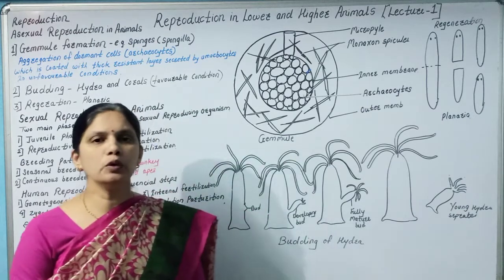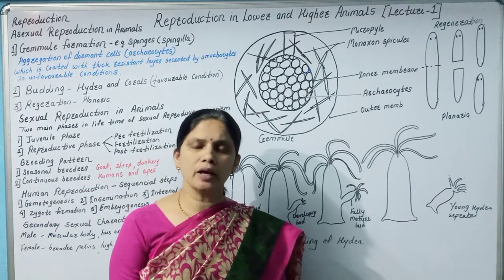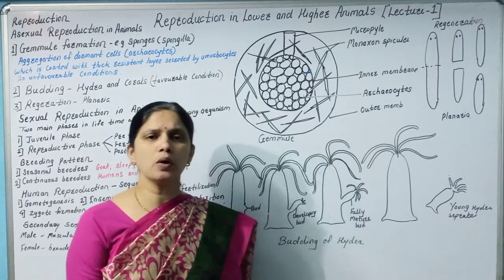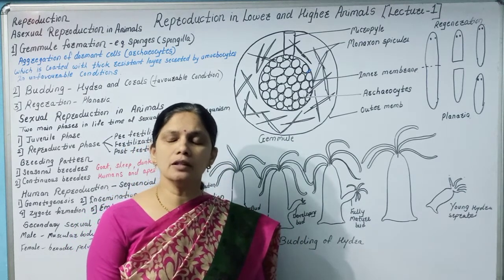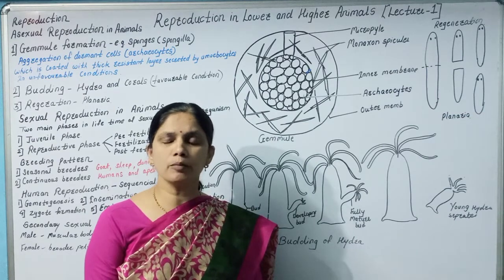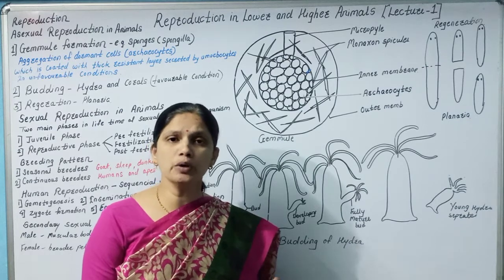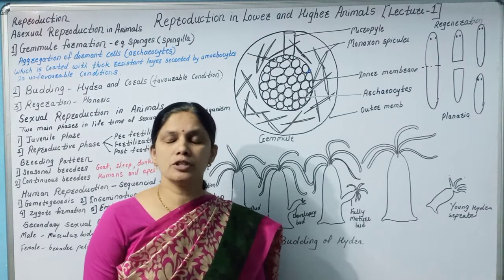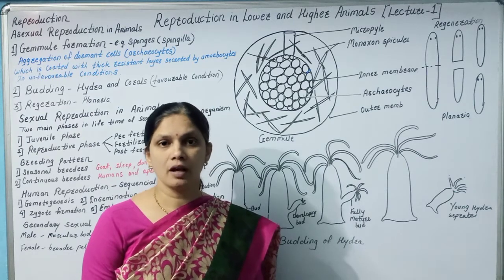So already we know that reproduction is a very important process which takes place in all living organisms. Due to this reproduction, the continuity of life takes place in all living organisms.